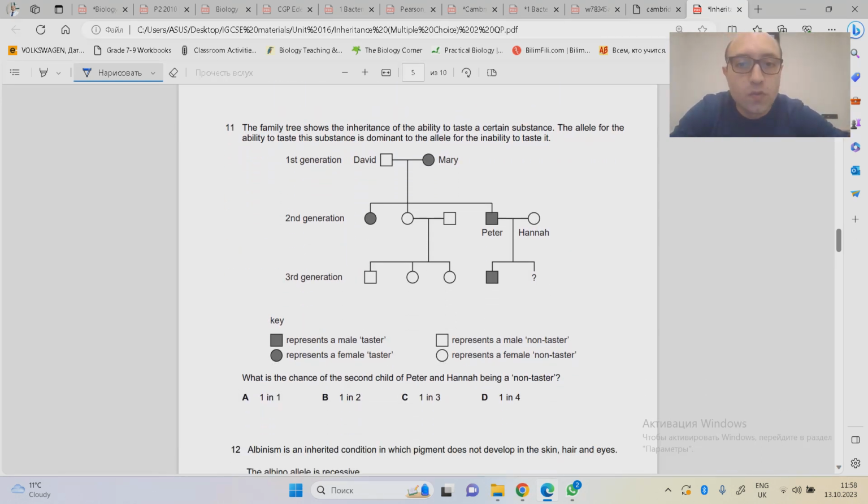What is the chance of the second child of Peter and Hannah being a non-taster? Similar question again, guys. In the question, they are saying that being a taster is a dominant feature. So again, Mary contains one capital A minimum, Peter also, this girl also, and this one also. But being white means that you will have small a. Then another piece of information: this is capital A, small a, and these are small a's.